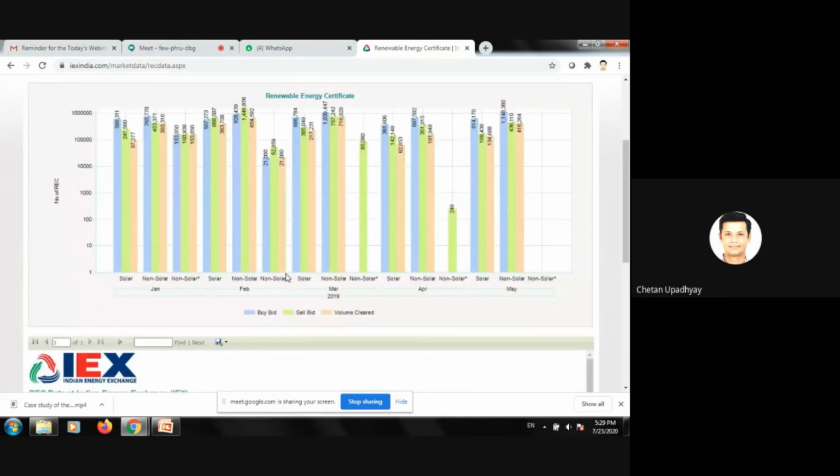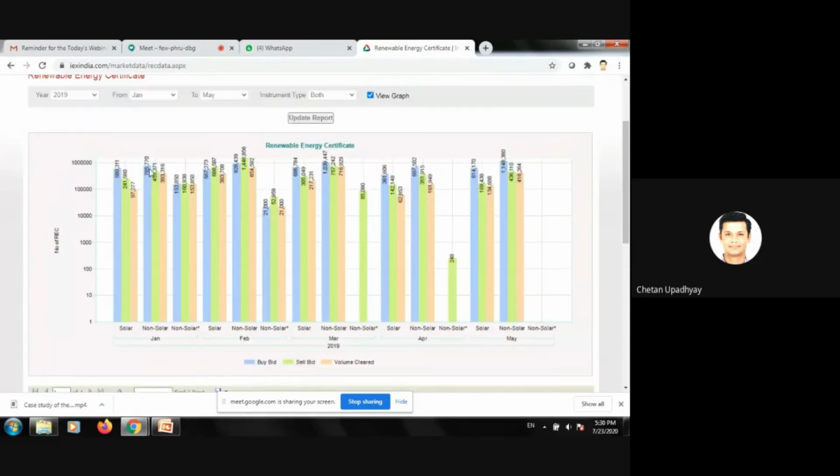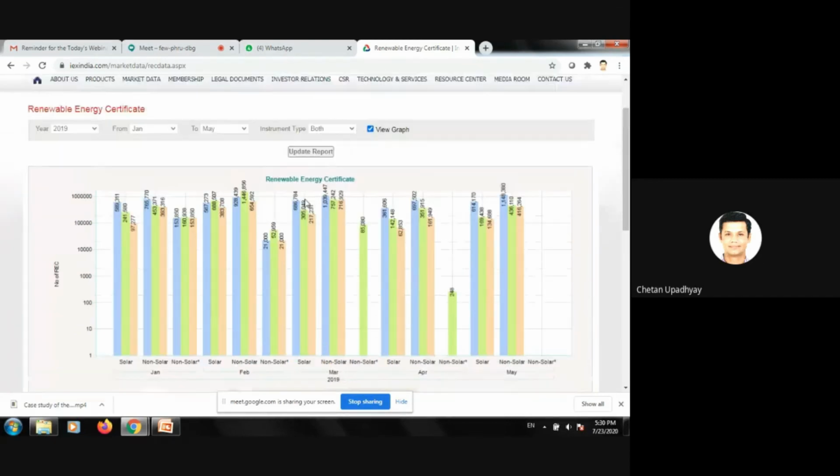In this you can find solar and non-solar data. You can understand the readings, that is RECs taken with respect to the year. The buyers are there, sellers are there, and total volume is there. Those who are already trading on the stock exchange understand very well the importance of the volume.